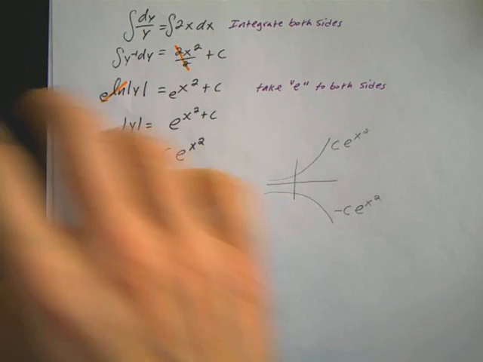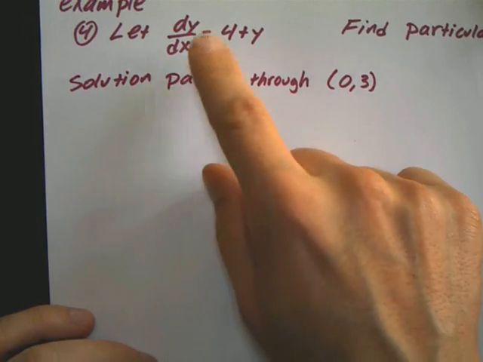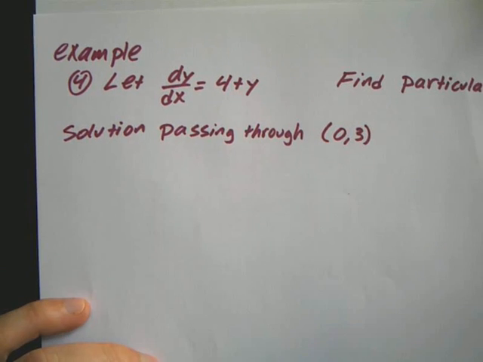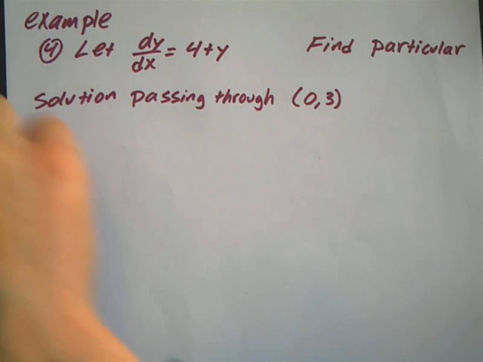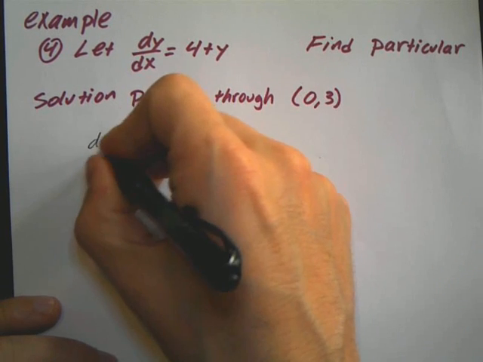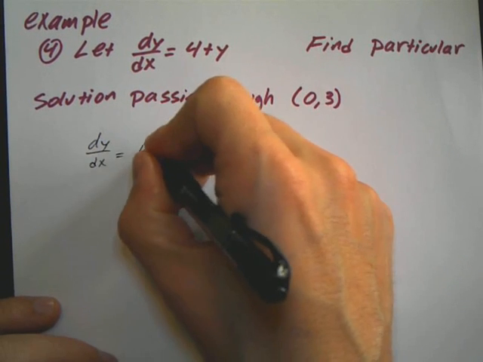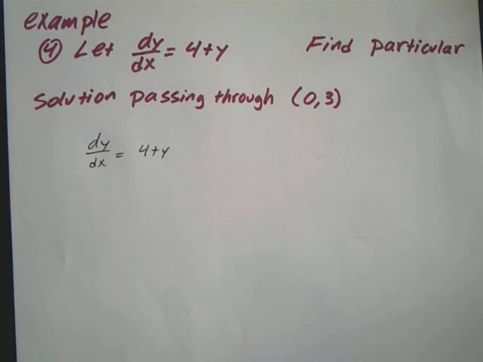Alright, so there's one more example to get through. This example is I want to let dy dx equal 4 plus y, and I want to find a particular solution through this point. So I set up my dy dx equal to 4 plus y. I want to cross multiply.